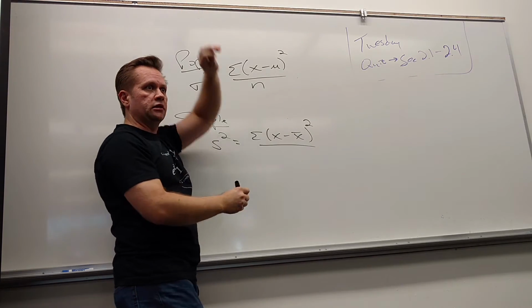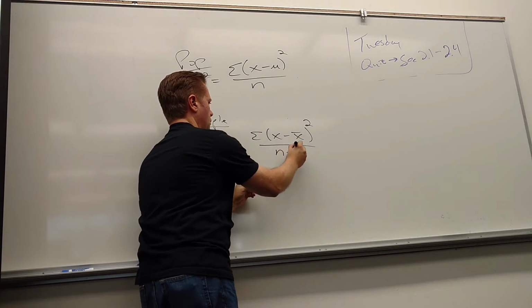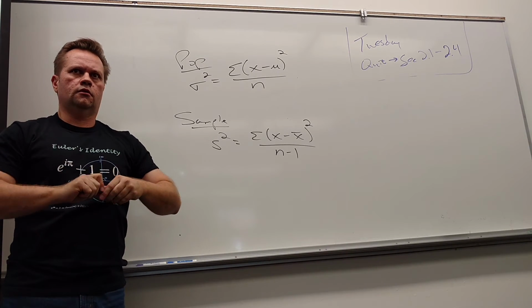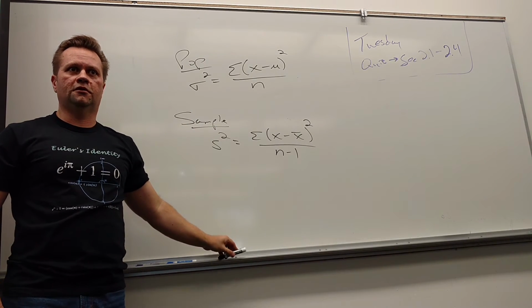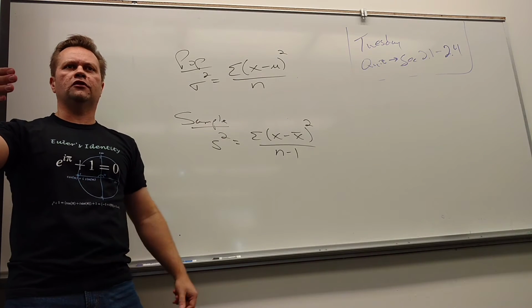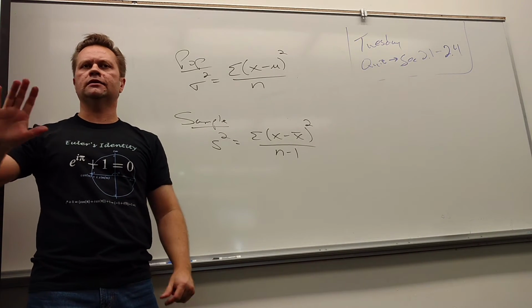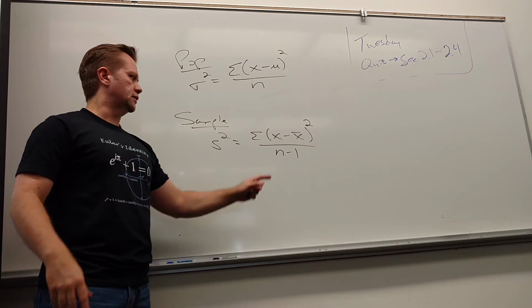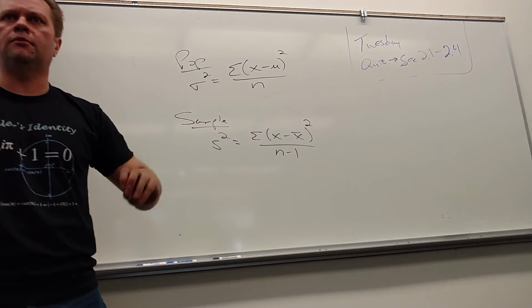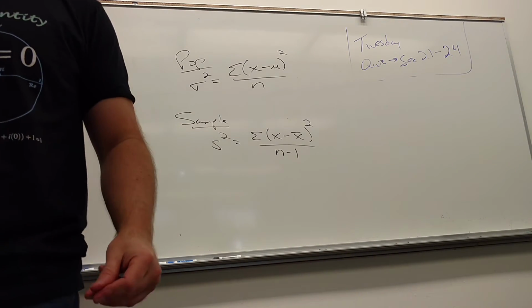Here's the big old adjustment. That's it. So it's not too far above the math most of you guys have had, but it is a little out of our reach to see why that's necessarily the thing that works. But let me explain a little bit about n minus 1, because it's very, very important.